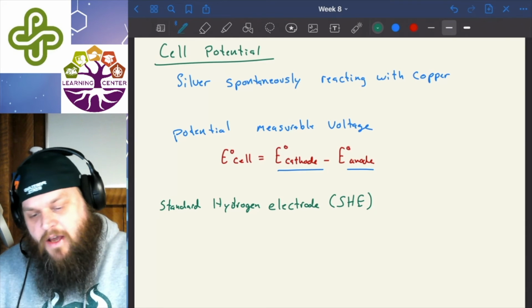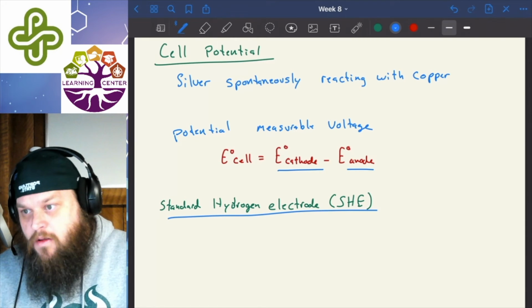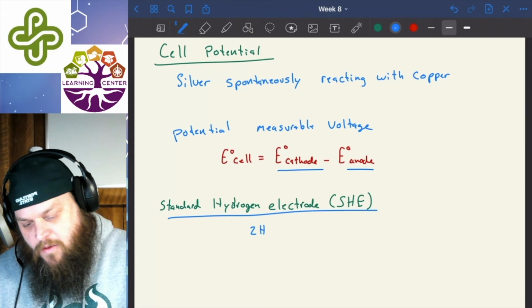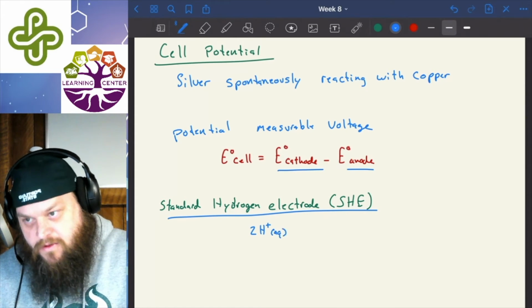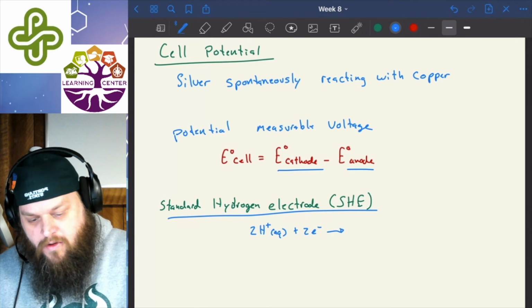And that standard hydrogen electrode is really just, I'll write the equation for it, 2 hydrogen ions in aqueous solution plus 2 electrons are going to produce hydrogen gas.